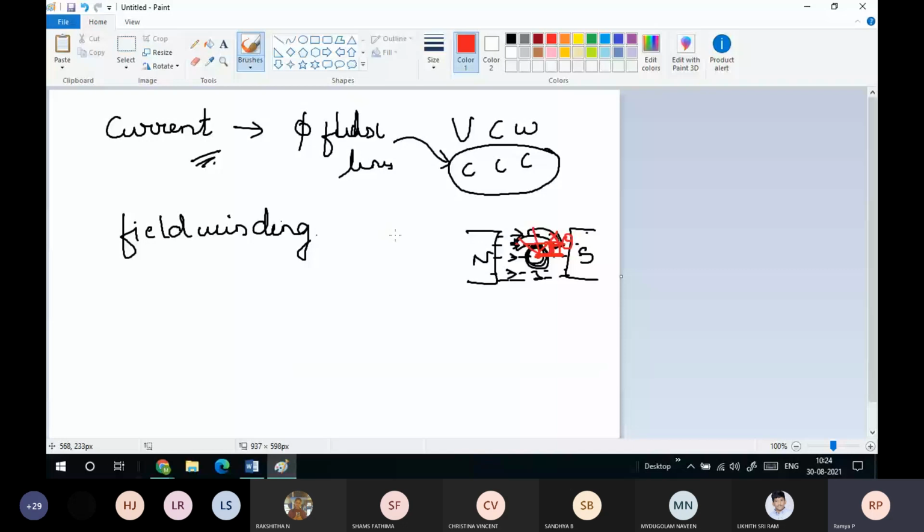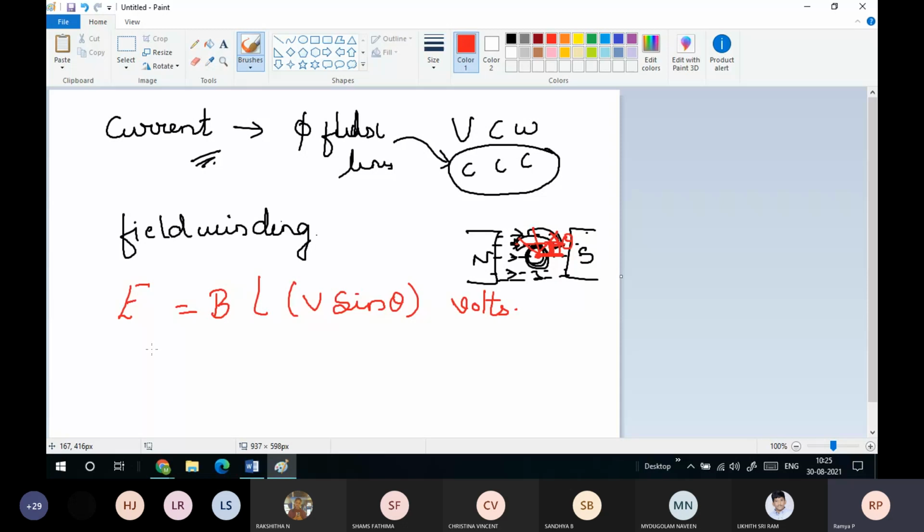So I can write down the equation as E equals BLV sin theta, and this is nothing but a voltage, in terms of volts.